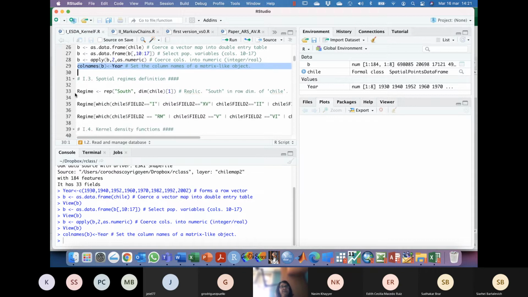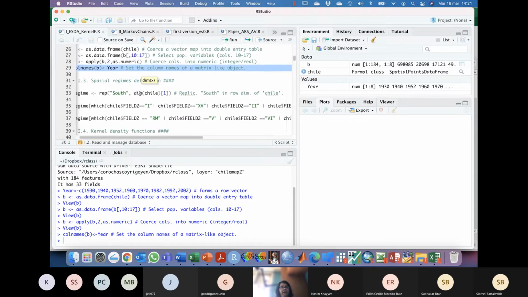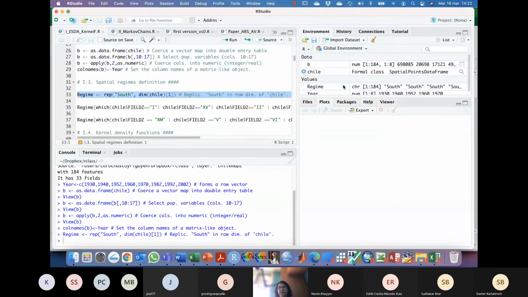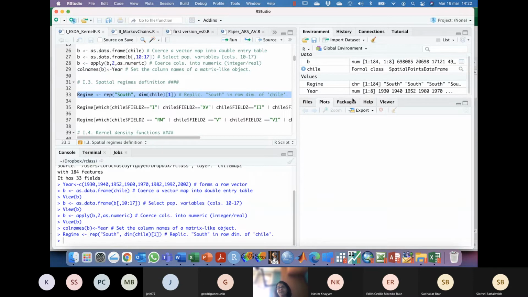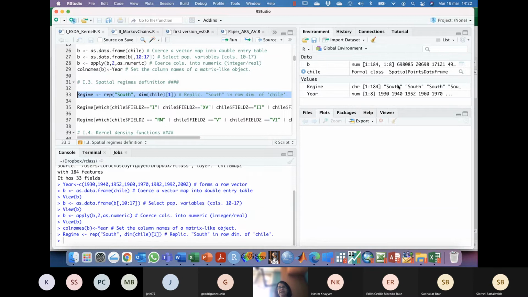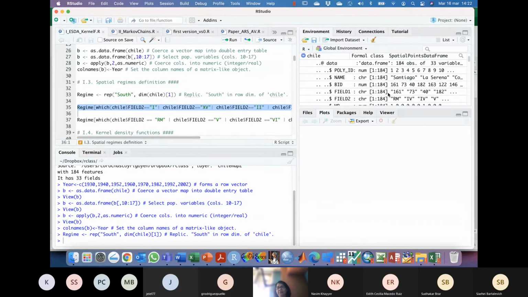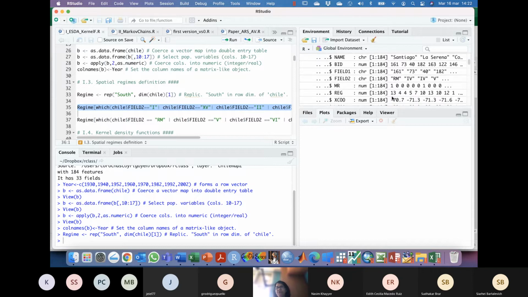For the spatial regimes definition, first I create a new vector, which is a character vector, whose value is only south, south, south. Then I override it considering field 2. Field 2 has the regions in Chile.